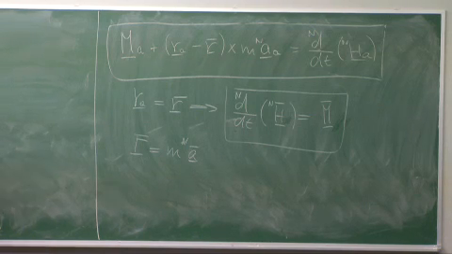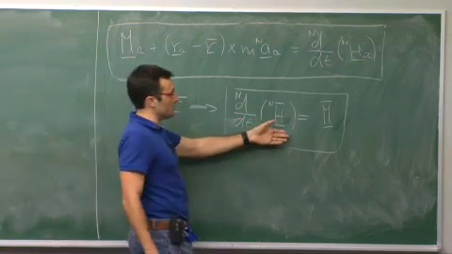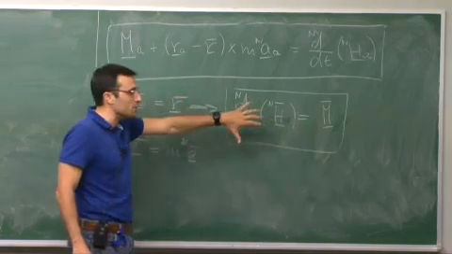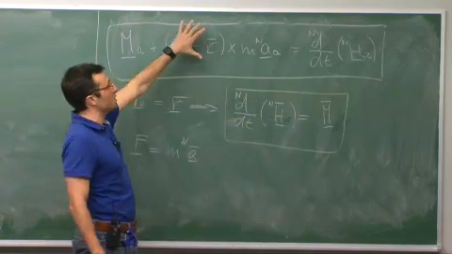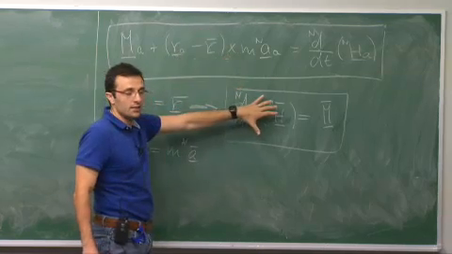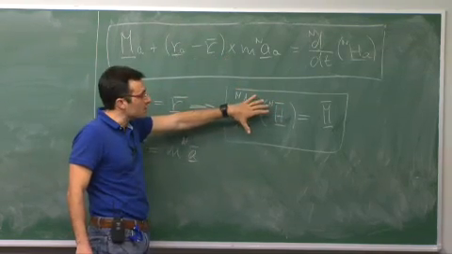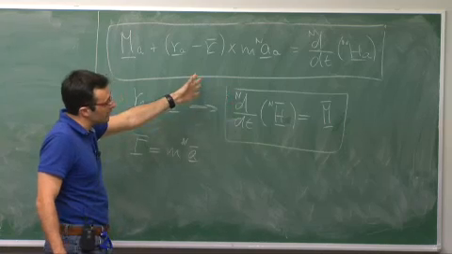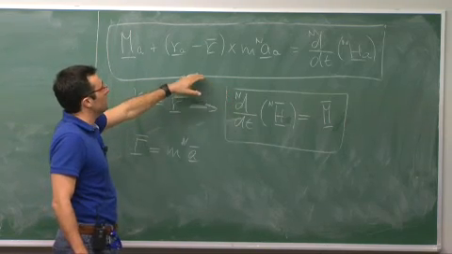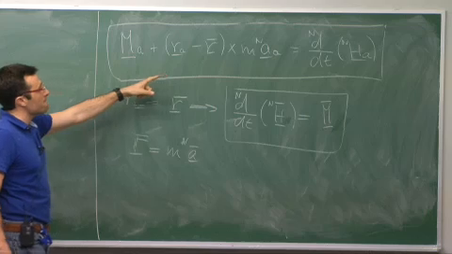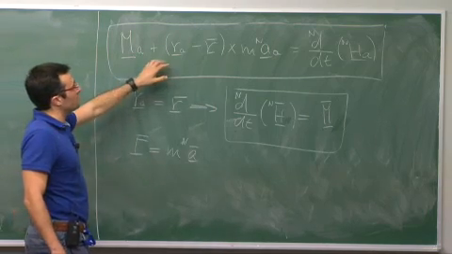I know that it's tempting to bring things to the center of mass because, as it is on the board, it looks better than this one here. But it's not always the case. This is just nicer because it looks like the second law of Euler, but you may pick a point where things don't simplify that much, and it's better to use this one.